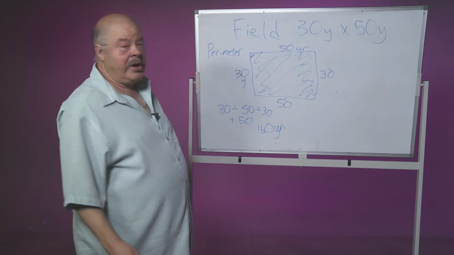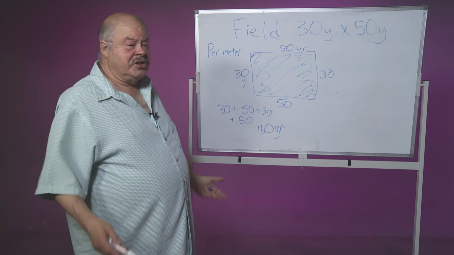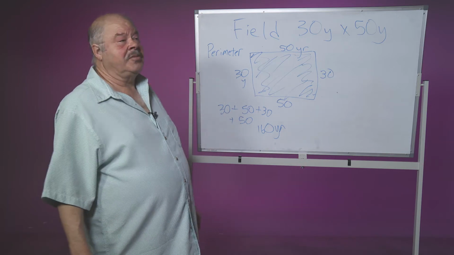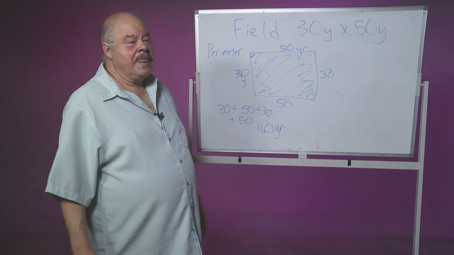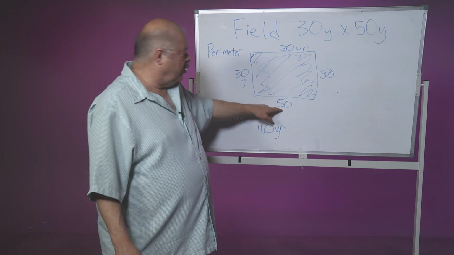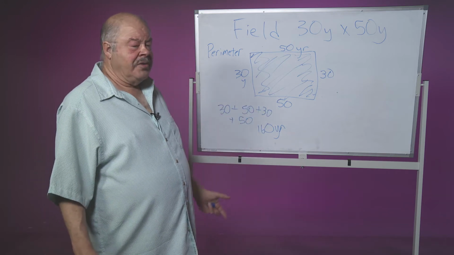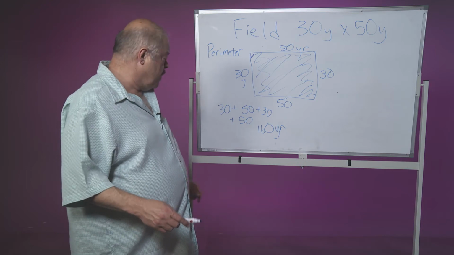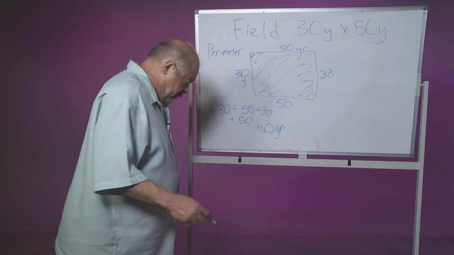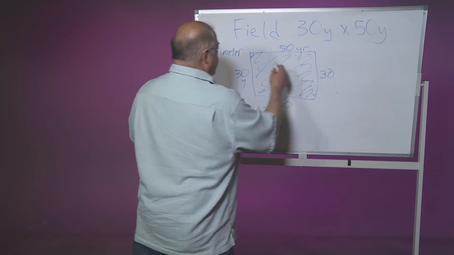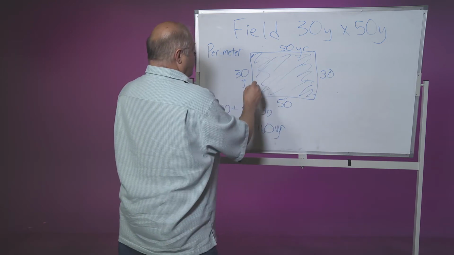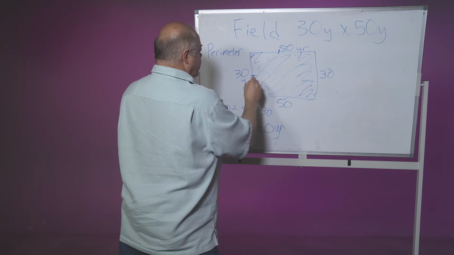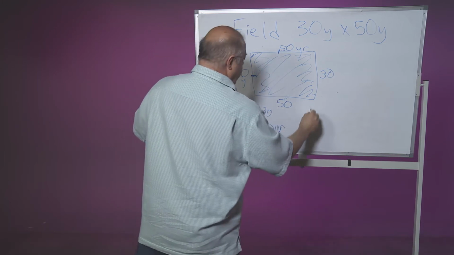When we do the area, that's going to be in square yards. And that's really important when you're choosing answers, because sometimes they will put the numerical part of an answer correct, but they'll put yards instead of square yards. And so the area is going to be one side times this side.